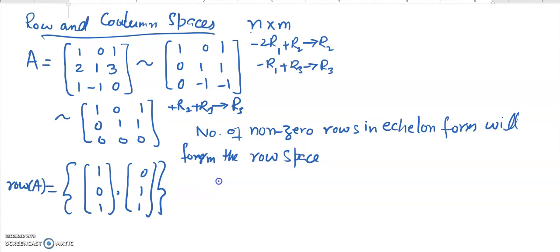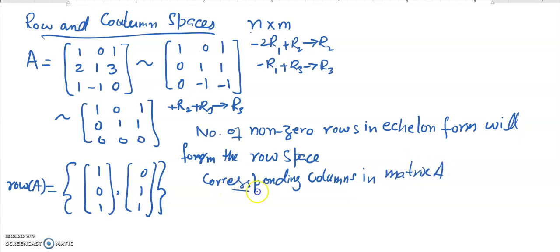Once we calculate the row space of A, we can also calculate the column space of A. So what will be the column space? The column space will be the corresponding columns in matrix A. What is the corresponding column?